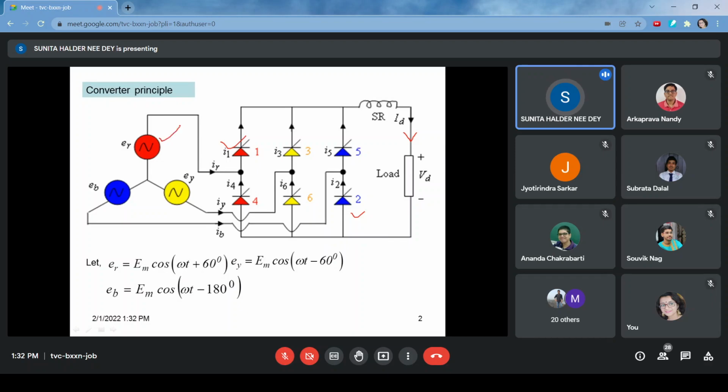But what is happening to this transformer secondary winding? In the transformer secondary winding, DC current is not flowing. What will be the direction of current flow in the transformer secondary? In this way it will go. Then what will happen? For the transformer secondary, only the positive side will come. For the negative, for the remaining part, it will be zero, as I have shown there.